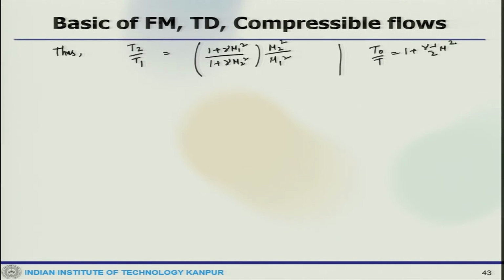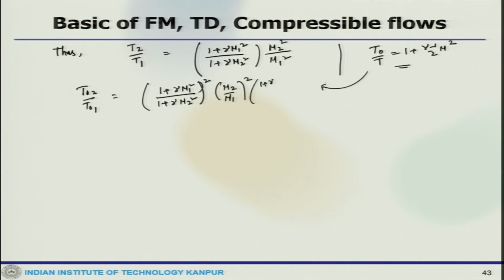If we use this relationship back in this equation, we can write T02 by T01 as 1 plus gamma m1 square by 1 plus gamma m2 square, whole square, into m2 square by m1 square, into 1 plus gamma minus 1 by 2 m2 square, divided by 1 plus gamma minus 1 by 2 m1 square.